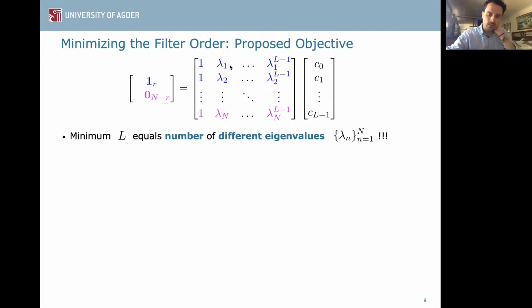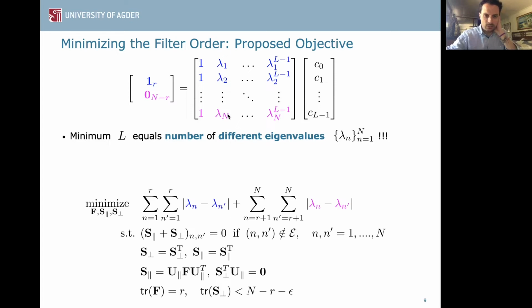But of course, the same eigenvalue cannot be both here and here, right? Because otherwise the system has no solution. So to minimize the number of different eigenvalues, one can think of promoting sparsity in a vector that contains the pairwise differences between eigenvalues, both of the eigenvalues of this part and the eigenvalues of this part.